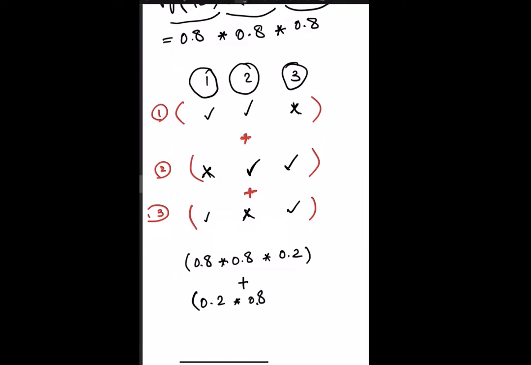Is this the probability of losing at least one game? No, this is exactly one game, because at least means you go to 2 or 3 as well.